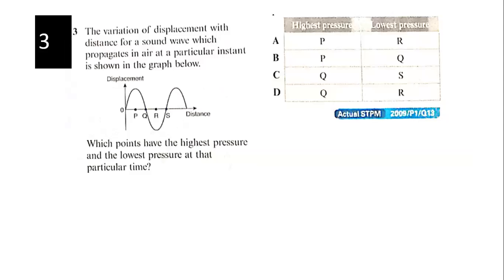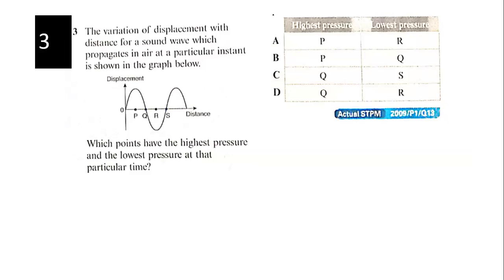Next question. The variation of displacement with distance from the sound wave which propagates in air at a particular instant is shown in the graph below. Which points have the highest pressure and the lowest pressure at a particular time? Remember your sign convention.